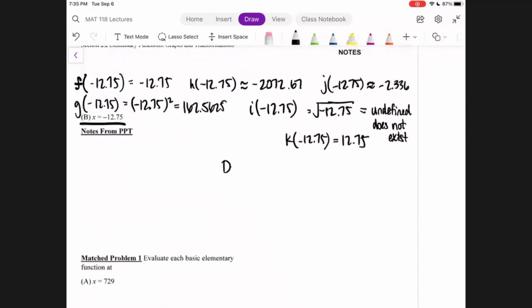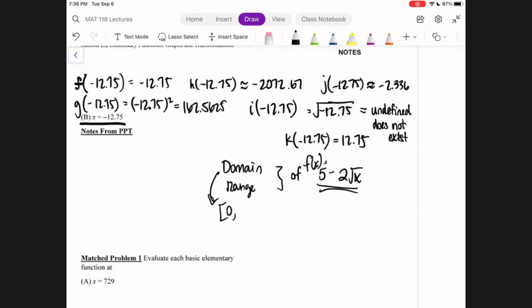So the domain of this function here, of f of x equals that, we said the domain would be 0 to infinity, and then the range is negative infinity to 5. Okay. So always look at your graph first. Don't try to do it by hand, right? Use Desmos.